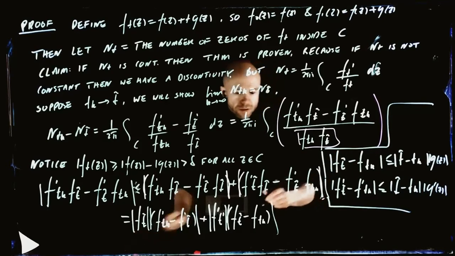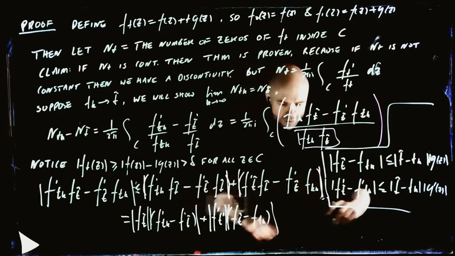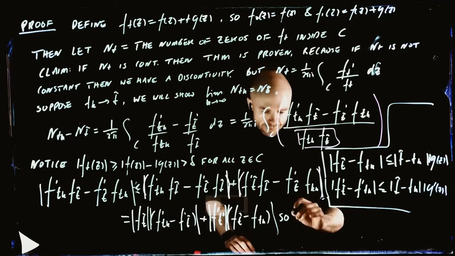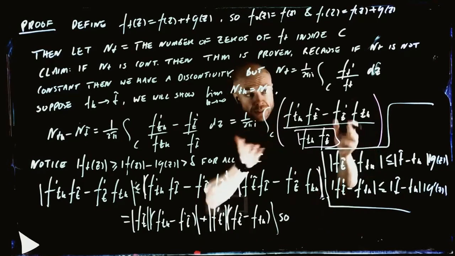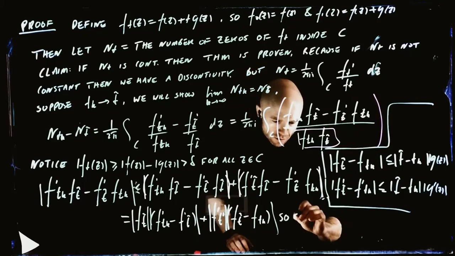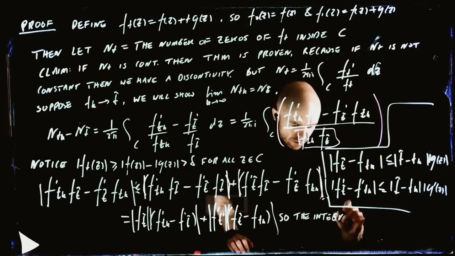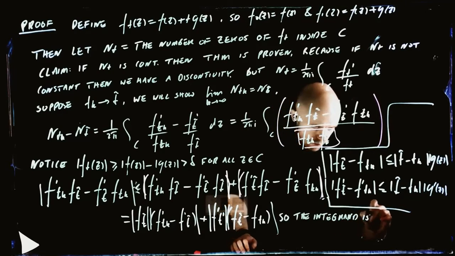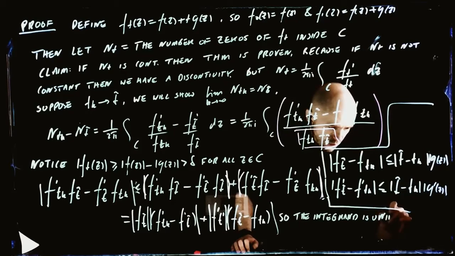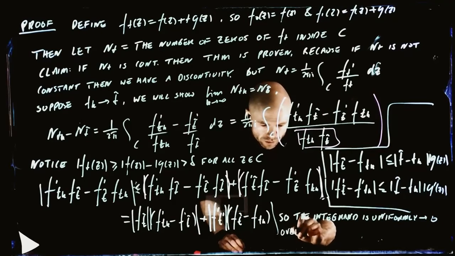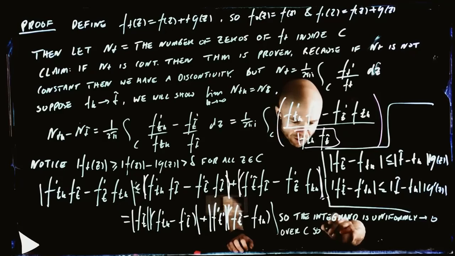Cool. All right, so the integrand, which is the thing inside the integral, over the curve C, so we can pass the limit.